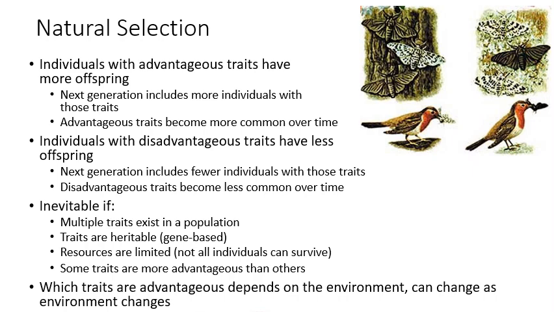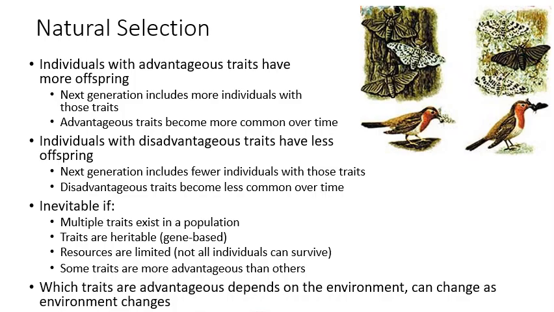Therefore, you live longer, you have more opportunities to reproduce, and so you probably have more offspring. Then those offspring are going to inherit your traits. As long as those traits are based on your genetics, they can be inherited by offspring.